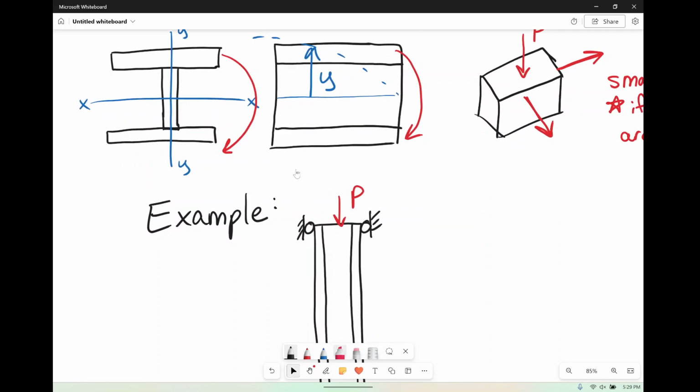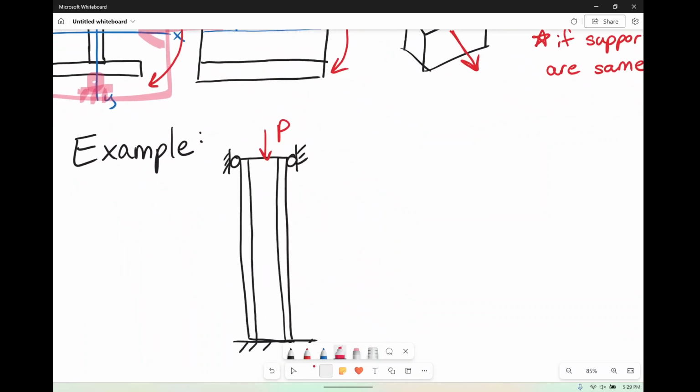Because we're currently looking at it this direction, there's a roller, and there's a roller. So he can't move in the Y.